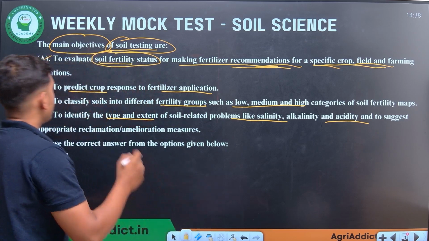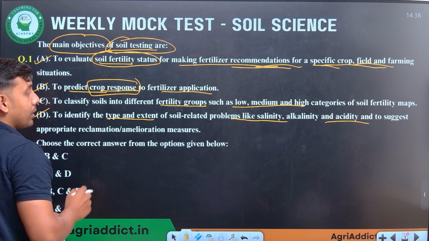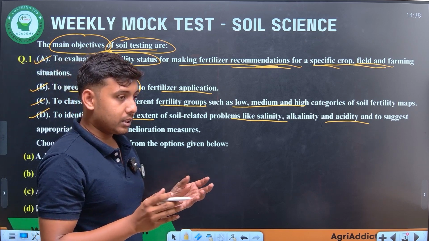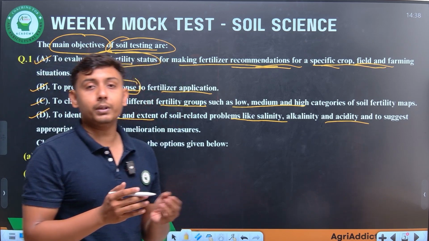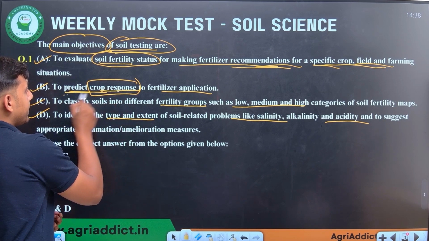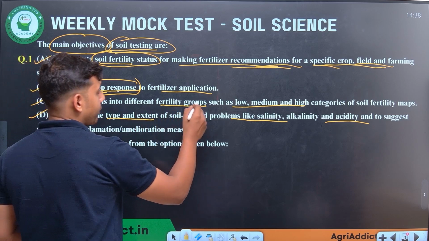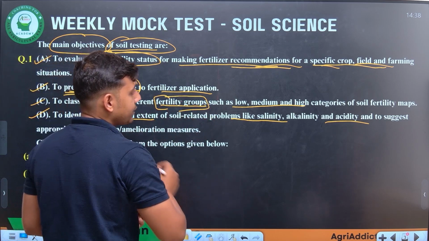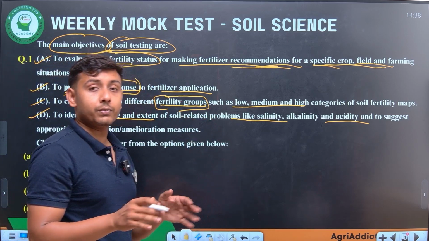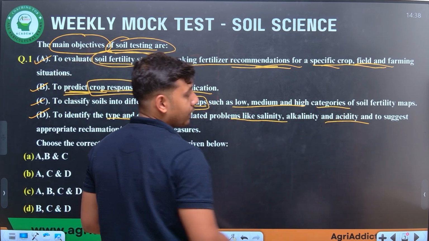Okay, to predict the crop response: not only the fertilizer recommendations, but also how much the fertilizer will affect the crop in its growth can be predicted by soil testing. And to classify the soils into different fertility groups, we can classify the soil as low, medium and high categories in the soil fertility map.